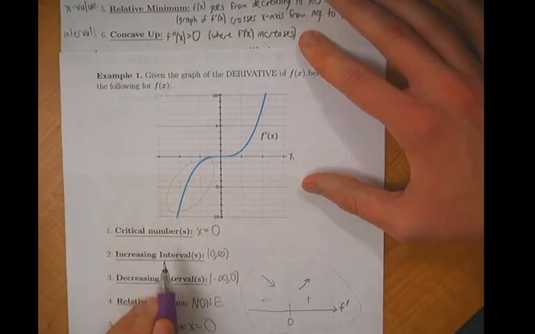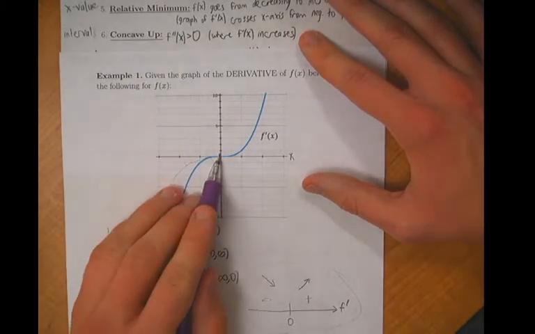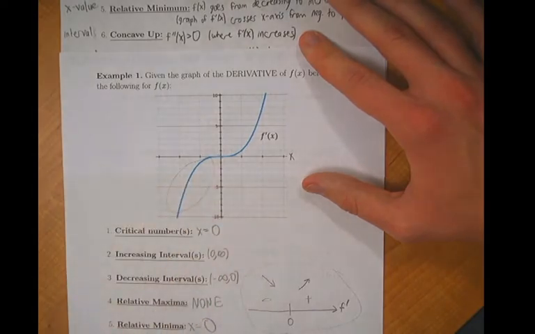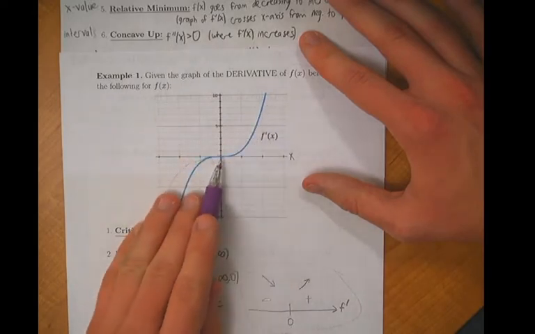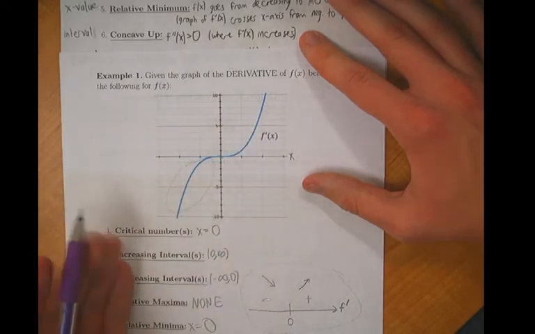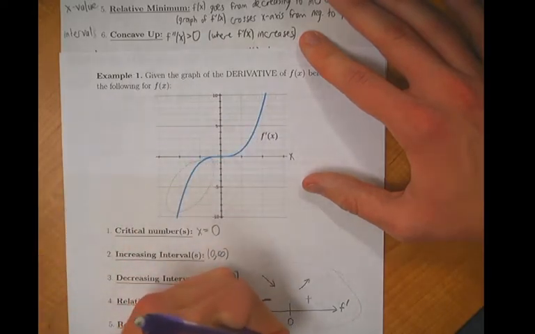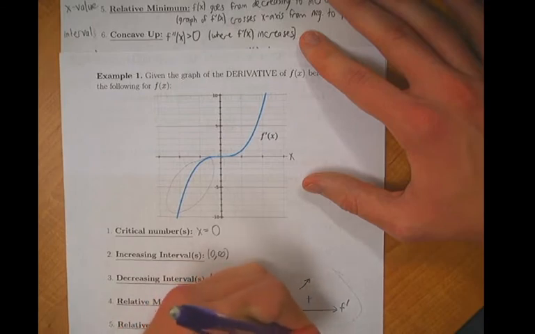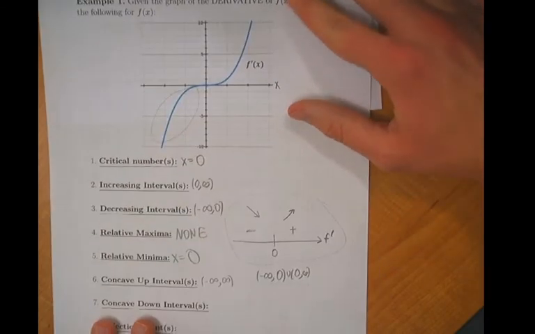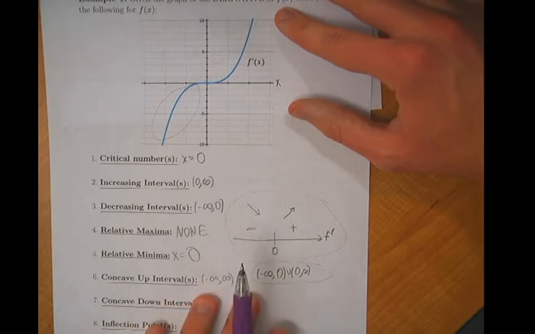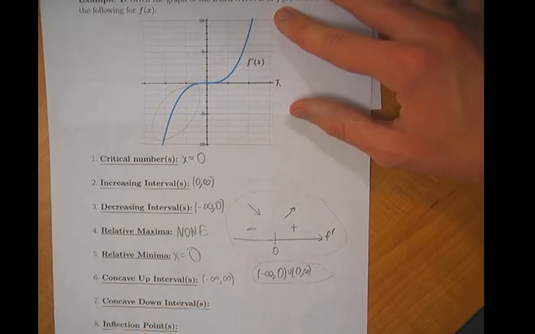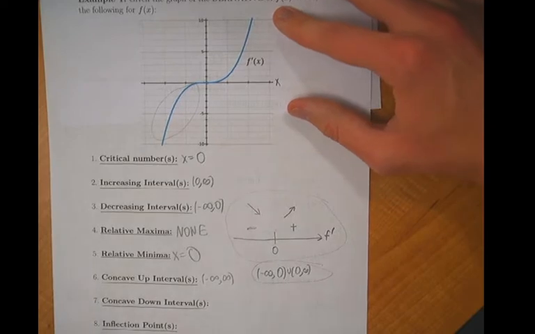Even though we do have a critical number here, the function is increasing everywhere except one particular point. So even though we technically have negative infinity to 0 and 0 to infinity, we have two back-to-back intervals with the same property, so you basically have to merge them together to get the desired concave interval, right?